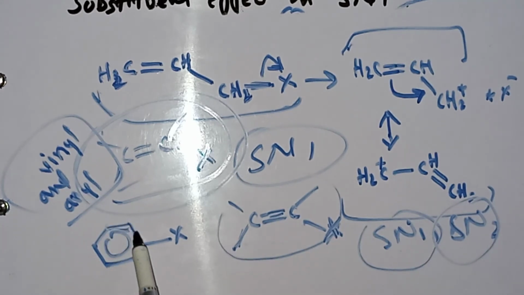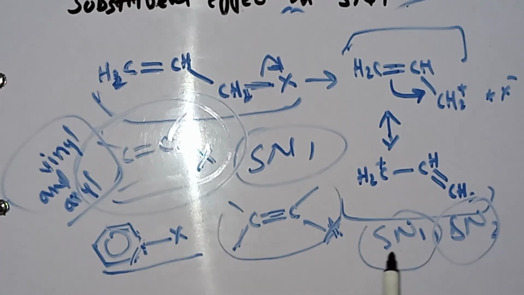In the case of aryl halide, here is the electrophilic carbon also. In Sn2 reaction, the nucleophile cannot attack from the backside because the benzene group is attached. Due to the aryl group the nucleophile cannot attack the system.